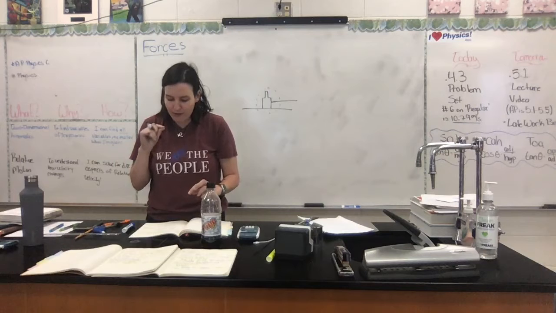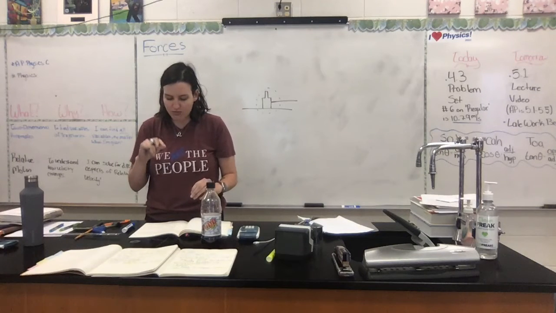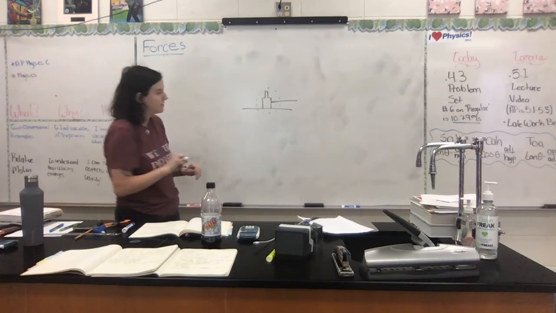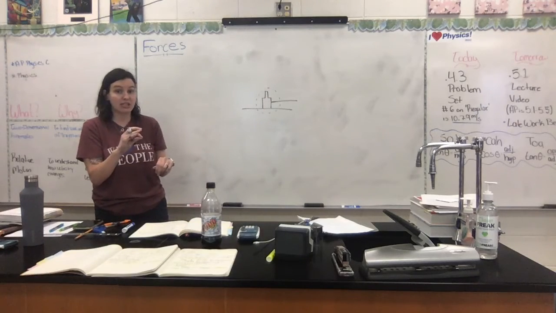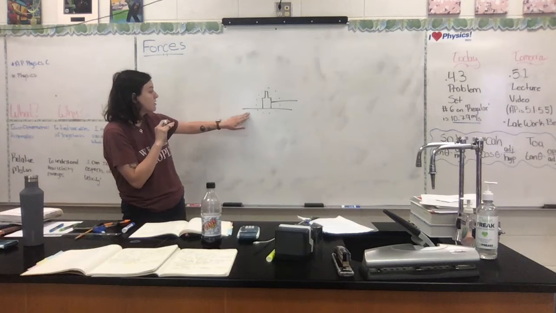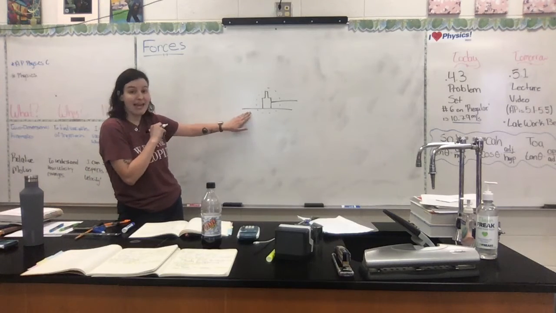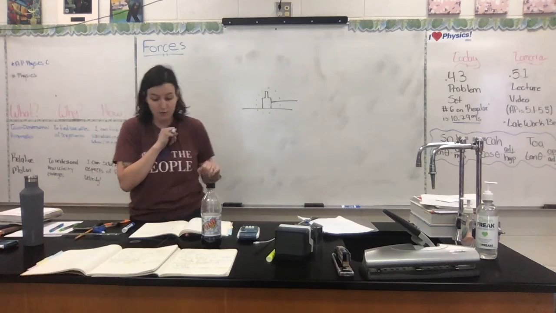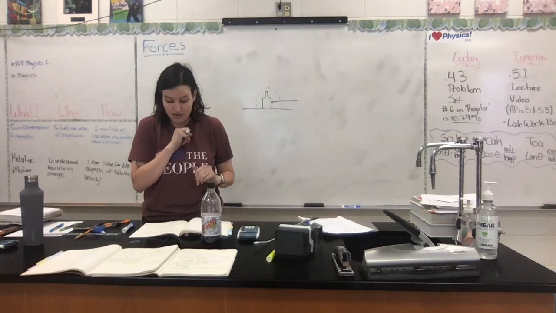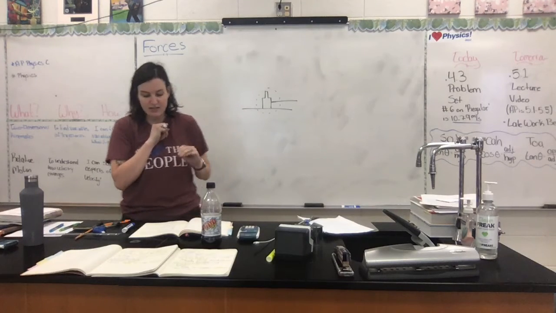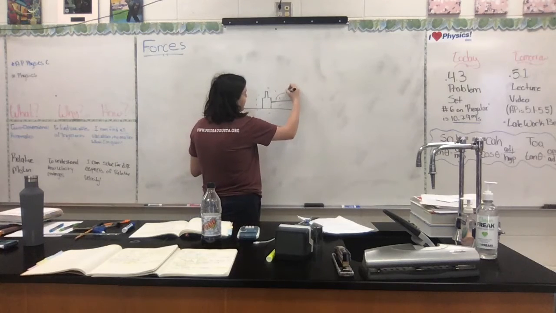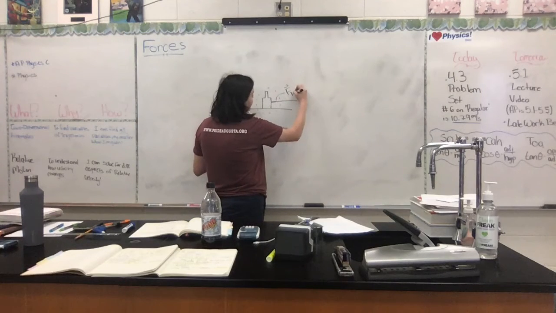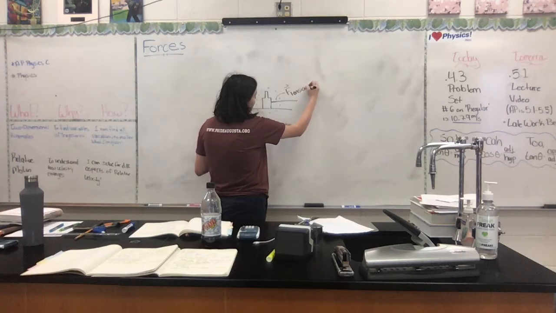Then locate every point on the boundary of this curve where other objects touch the object of interest. Okay, so I have a rope that is touching my bottle. I also have this table that is touching my bottle. So I've located those. Name and label each force acting on the object. All right, so if I've got a rope here that's pulling on it, that's going to be my tension force, okay?